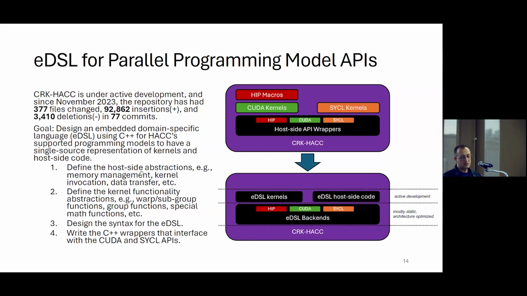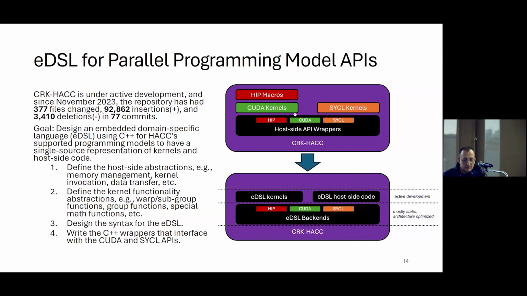First we have to define all of the host side abstractions, so memory management, memory allocations, data transfers. We need to define all of the kernel functionality that we need, so the warp or subgroup functions, group functions, all those special math functions, everything that might be native, and then define the syntax for the EDSL, and then write all of the wrappers.